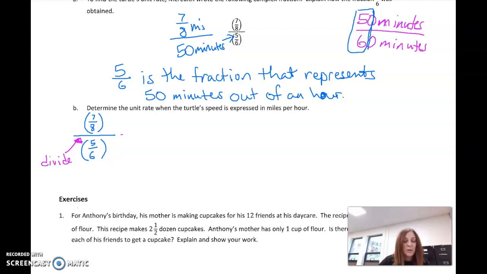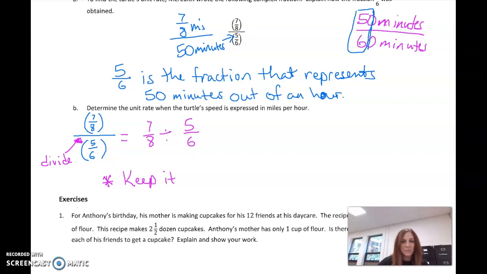So basically what I'm doing is I'm going 7/8 divided by 5/6. 7/8 divided by 5/6. Now, think back to how we divide fractions. Dividing by a fraction is the same thing as multiplying by the reciprocal. Hopefully, you've heard of this.